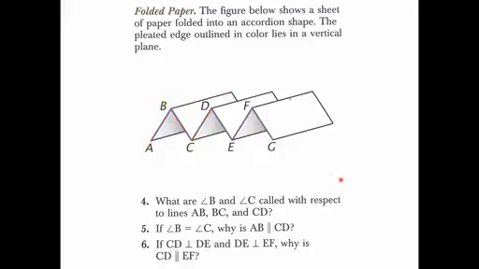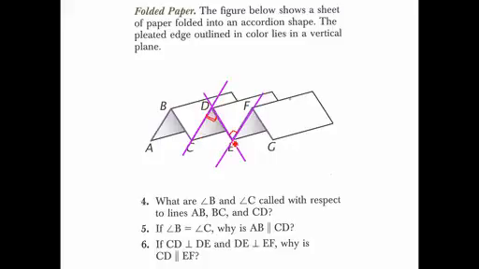If CD is perpendicular to DE, now it doesn't look that way in the picture, but they're saying if CD is perpendicular to DE, so up here, if that's a right angle, and DE is perpendicular to EF, and that's a right angle, so if those two are right angles, why is CD parallel to EF?